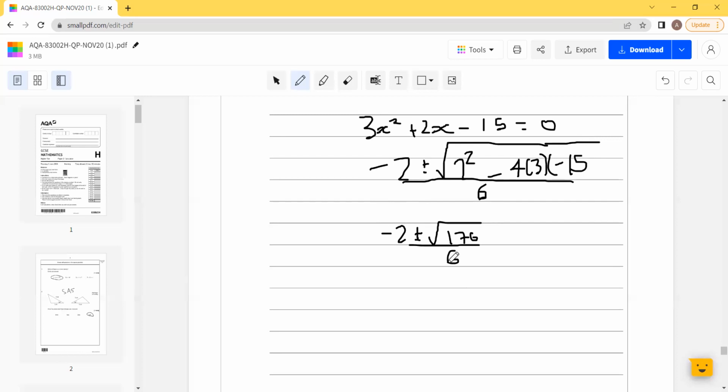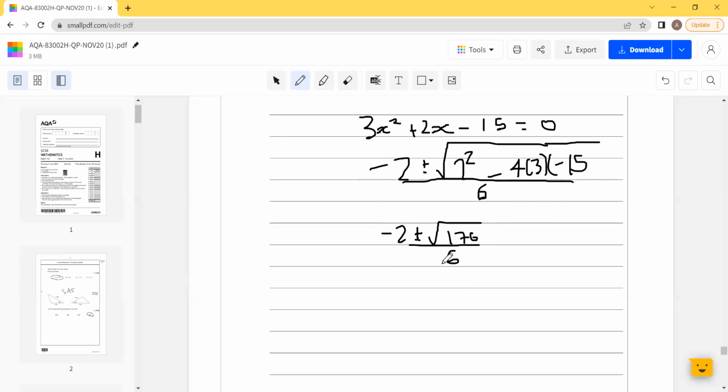If I put this into my calculator, minus 2 plus or minus the square root of 176 over 6, those are solution sets.